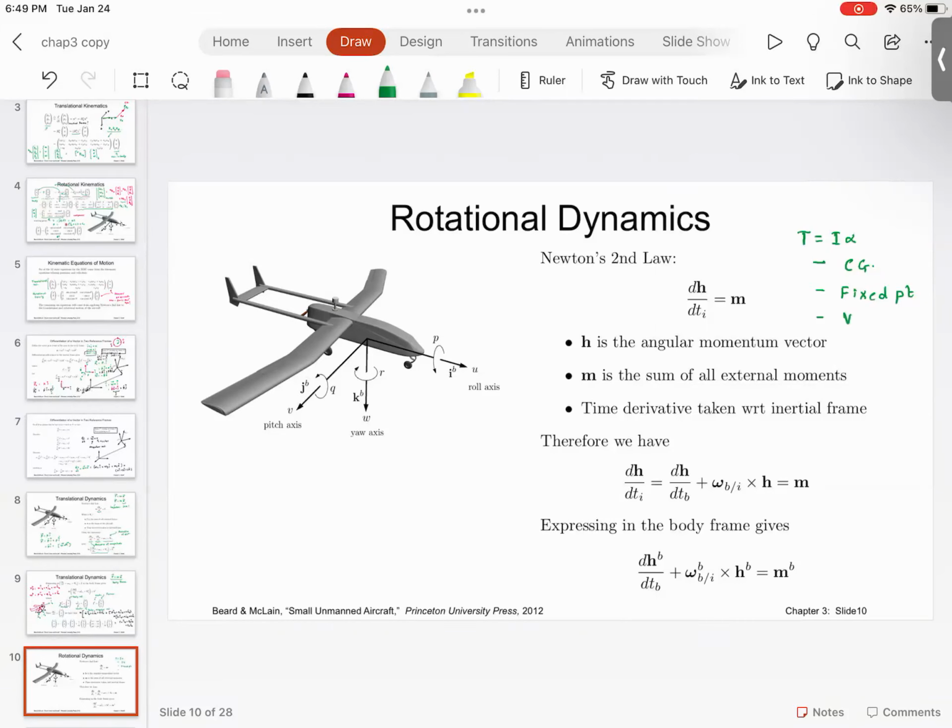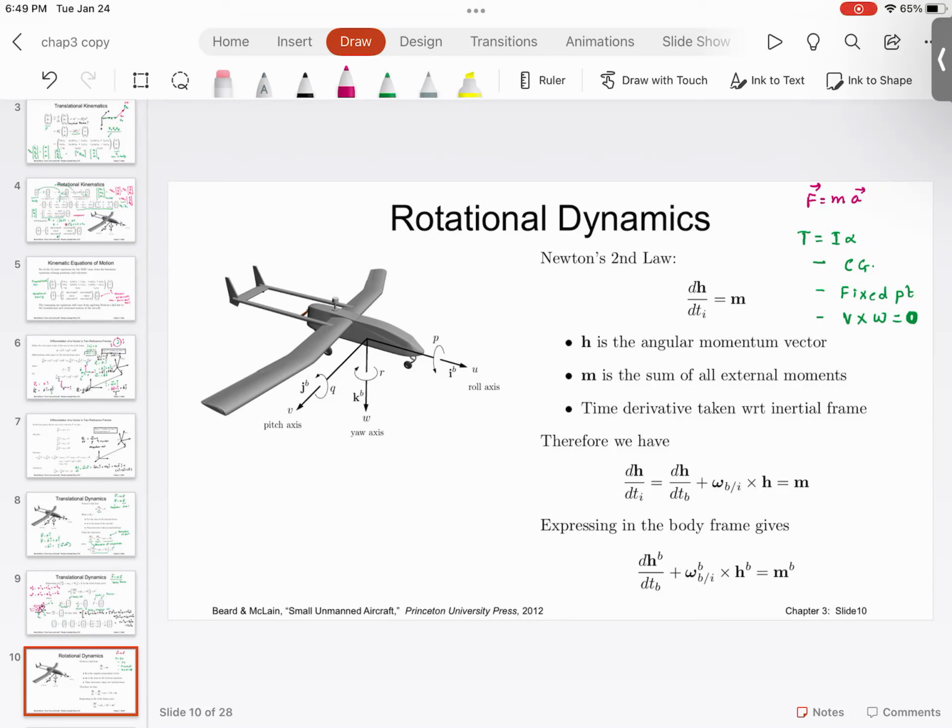So V cross omega is equal to zero. Remember, T equals I alpha is not valid everywhere. On the other hand, force equals mass times acceleration is valid anywhere.